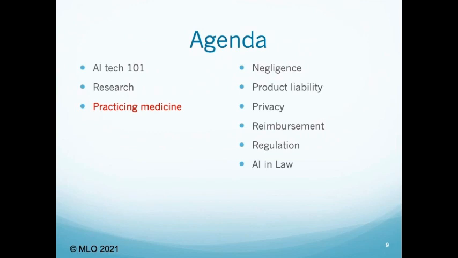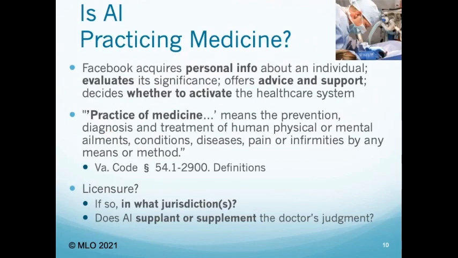So if artificial intelligence could in some sense be used as a form of research, could it be accused or claimed that it is engaged in the practice of medicine? Well, I decided to quote the Virginia Code because Virginia is where I hang my hat. But I think you'll find, if you look at the definition of the practice of medicine in most states, at least those that I've come across, ordinarily, as in Virginia, the definition is pretty broad and encompasses a wide array of activities.